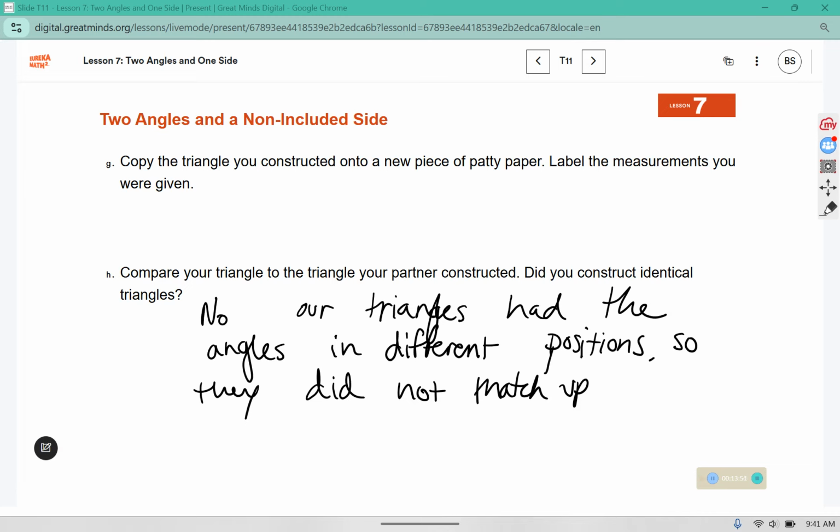Now, through this exploration, we have shown that we can construct two triangles with the two given angle measurements and a non-included side. That's the key phrase here. And these conditions did not guarantee that we were going to make identical triangles or unique triangles.